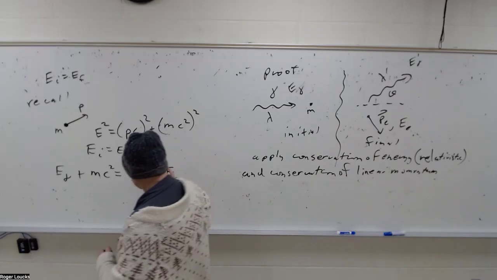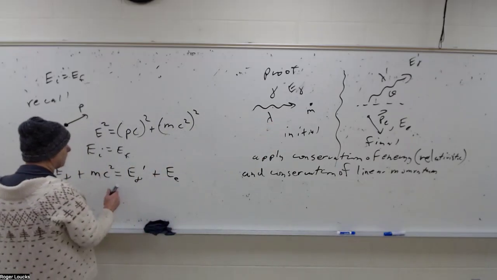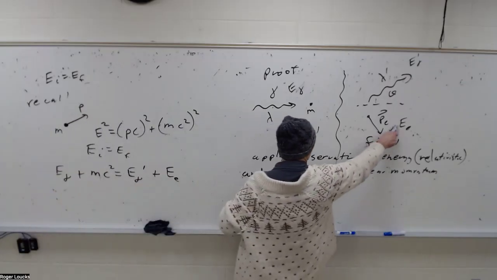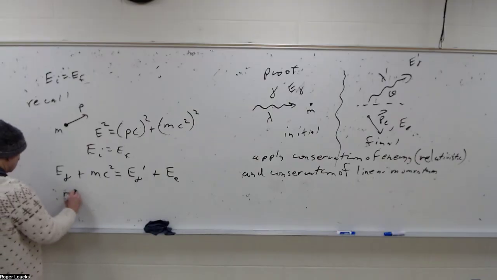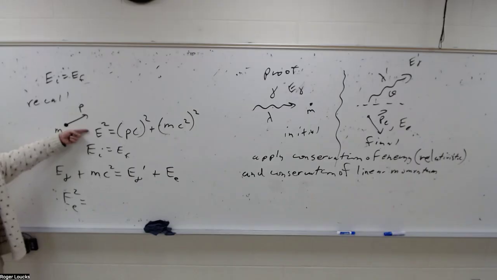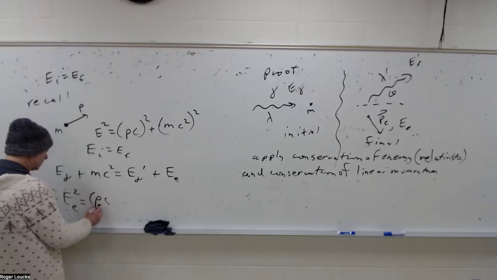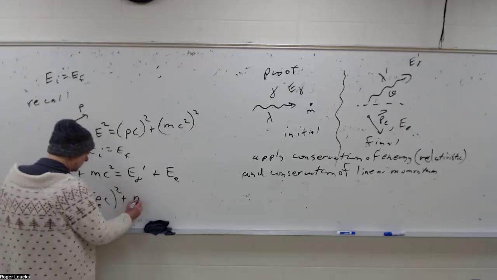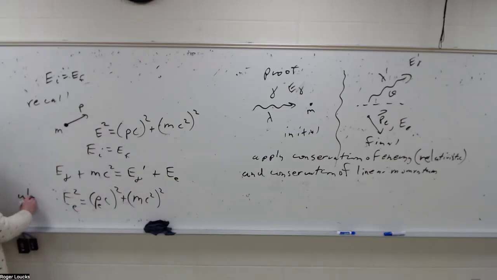Okay. Now, what do we know then about this right here? We can say that the energy squared of the electron has to be what from this equation here? The momentum of the electron times c, quantity squared, plus the mass of the electron c squared, squared. So where we get that? Does that make sense?